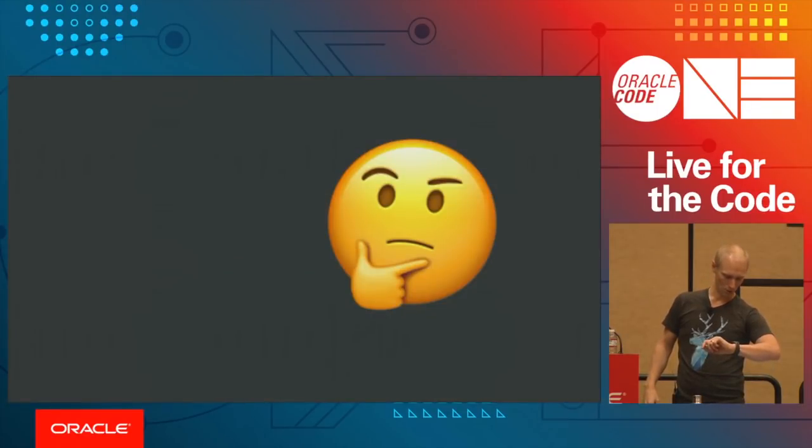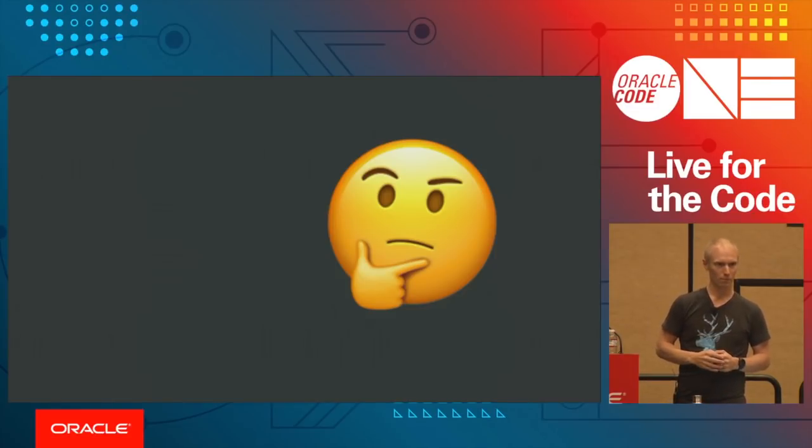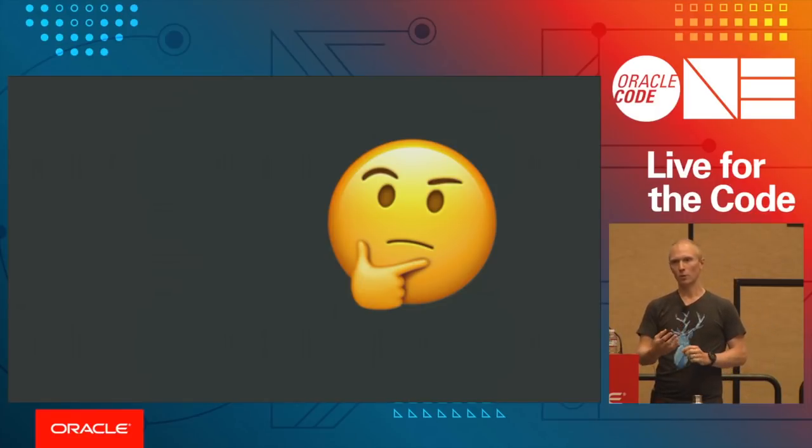All right, so I think we have a little bit of time for questions here, if you have any. Yes, sir? So the question is, what if we're not entirely offline, but our network is really slow?